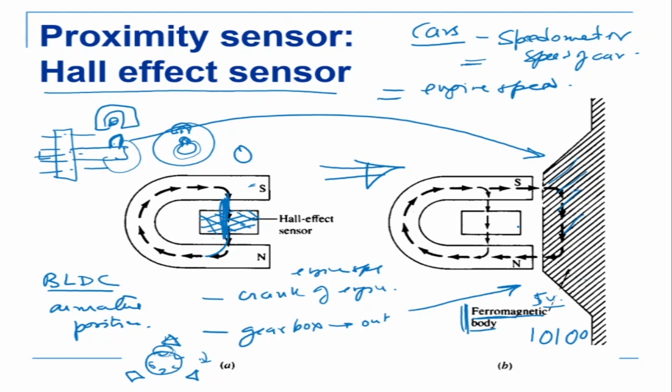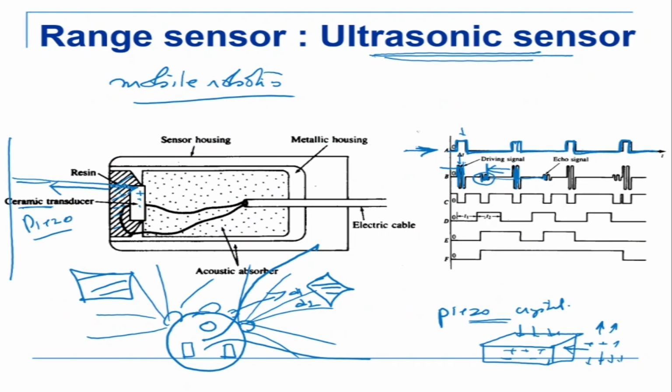It is a very rugged sensor, and it can be placed in the car body, in the gearbox, in front of the engine. It has no moving parts, so it doesn't go bad. Similarly, this ultrasonic sensor is very cheap, about 200 rupees only, and you can actuate it using a very simple microcontroller and use it on a mobile robot to get the distance from an object.